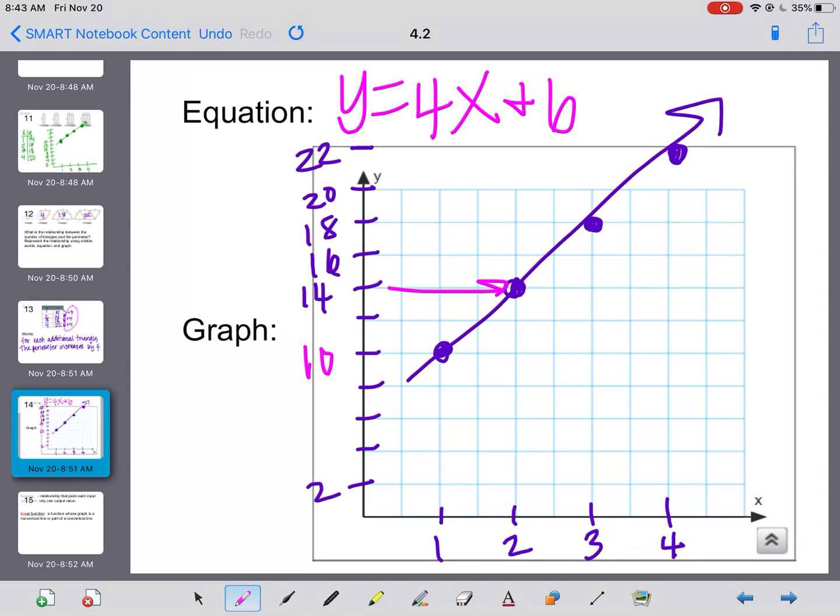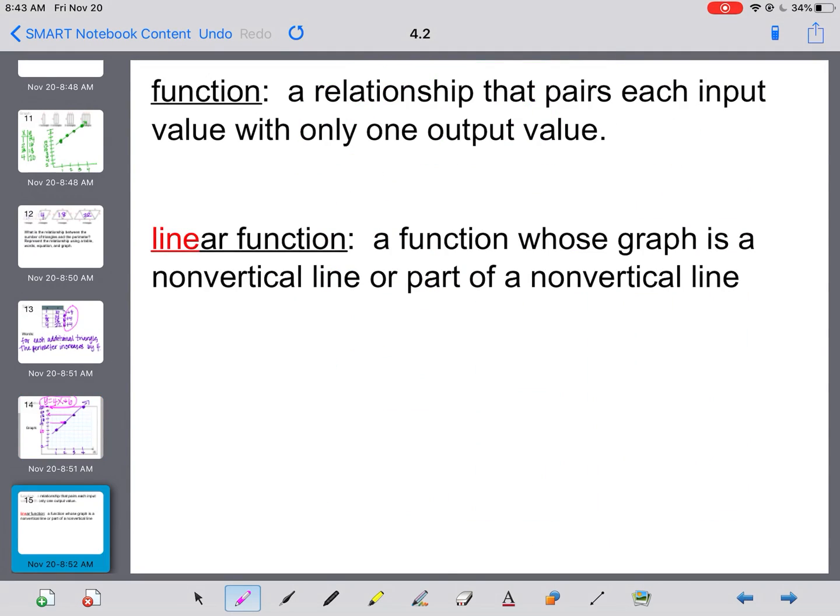Let's see if that works. 2 times 4 is 8, plus 6 is the 14 that we need. Perfect. 3 times 4 is 12, plus 6 gets us our 18. 4 times 4 is 16, plus 6 gets us our 22. So that is our equation.